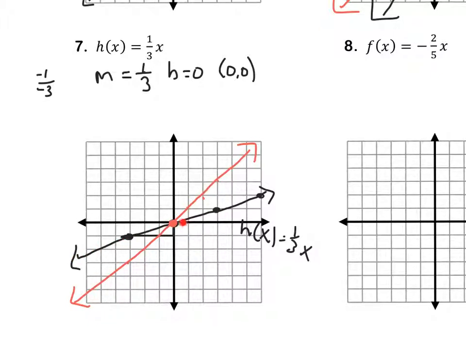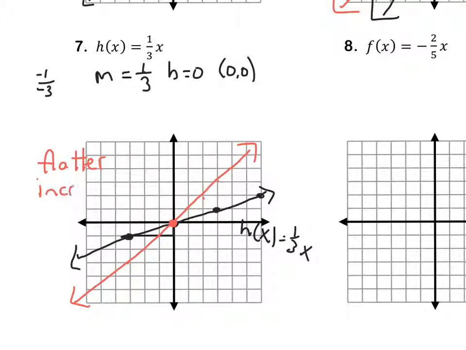This line right here is not steeper now because it has a fraction as the slope. It is actually flatter, so that's what you want to write. It is a flatter line. It's not as steep, so it's flatter, but it is also an increasing line.